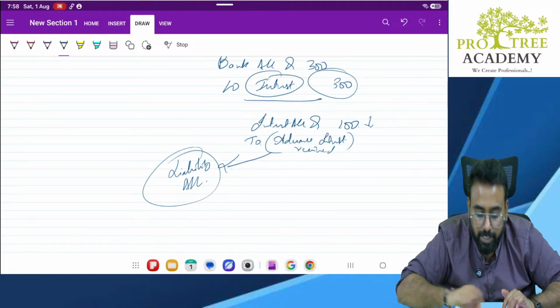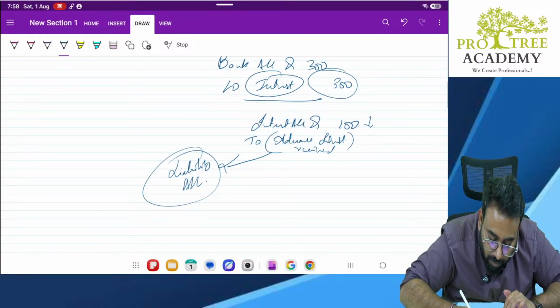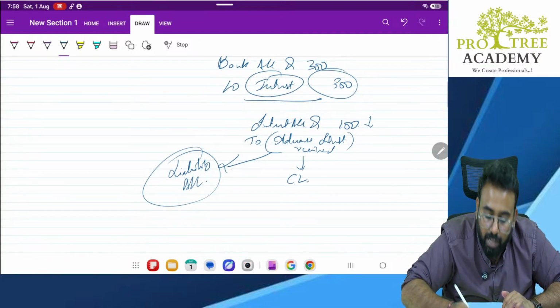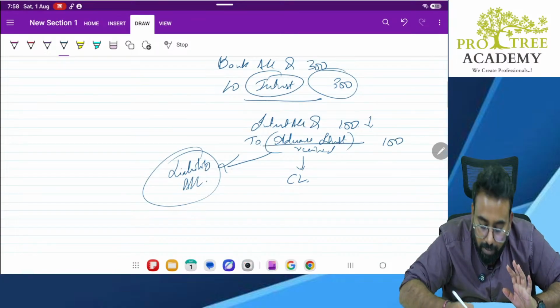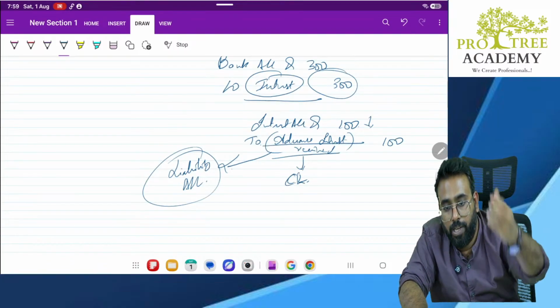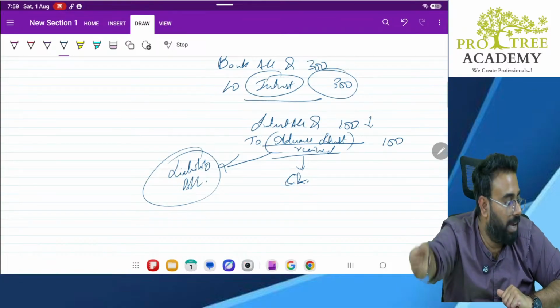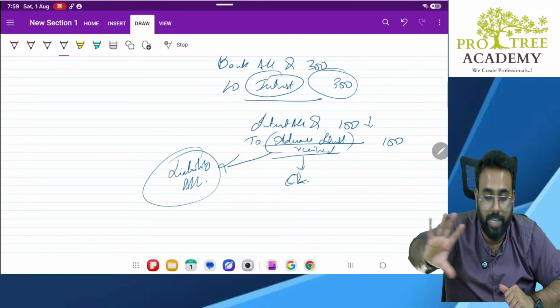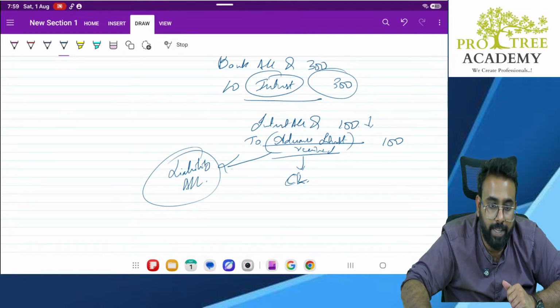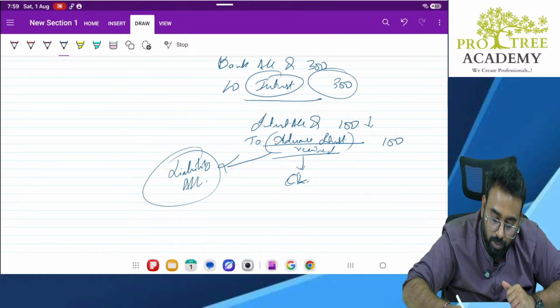That is why this will become our current liability, advance interest received. It will be shown under current liability, because if the bank decides to give us our principal back and ask back the advance interest, they can ask back and we have to pay them. Understanding, everybody? Okay. So that is why this will be our current liability.